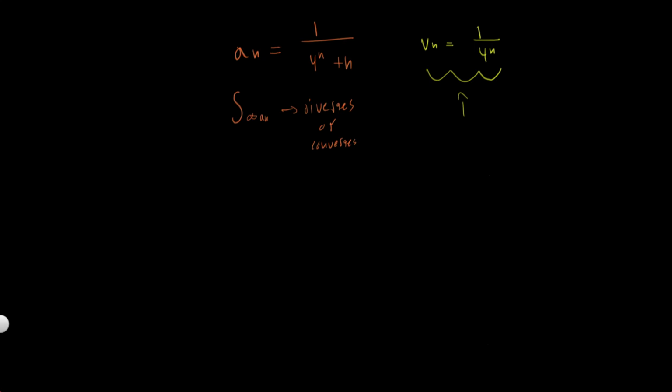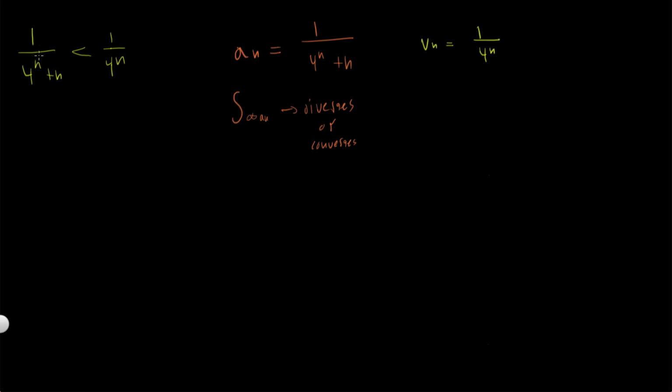And another reason, which is very important, is that we know that 1 over 4 to the n plus n is less than 1 over 4 to the n. And think about this for a second. It means any term in this series is less than the corresponding term in this series.